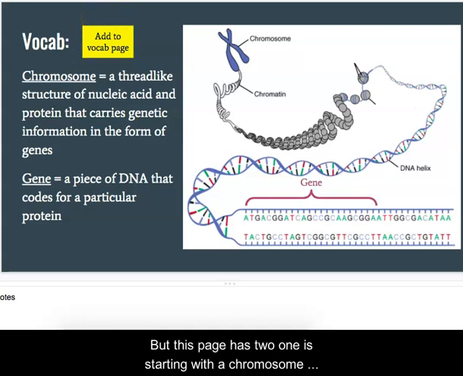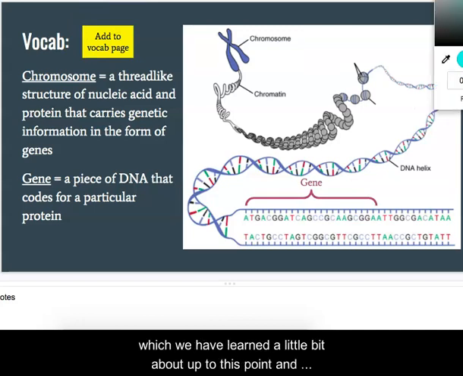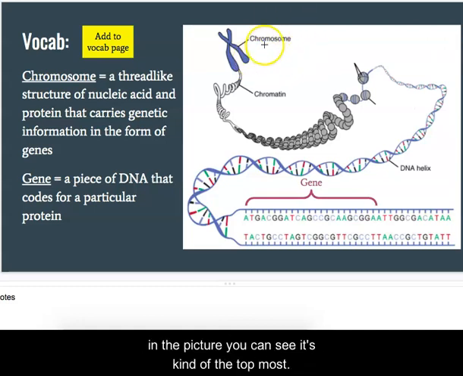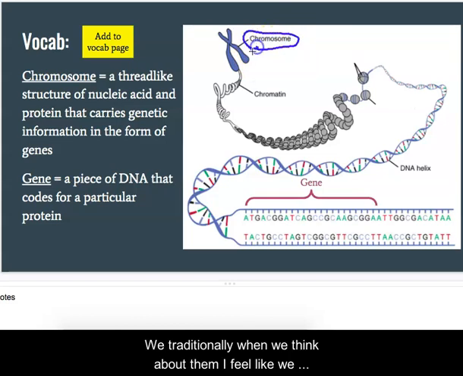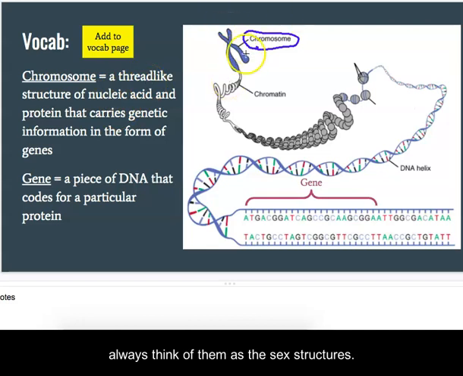But this page has two. One is starting with a chromosome, which we have learned a little bit about up to this point. And in the picture, you can see it's the topmost thing. When we think about them, I feel like we always think of them as this X structure.